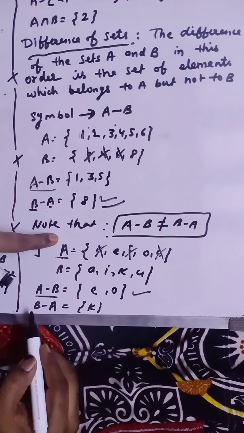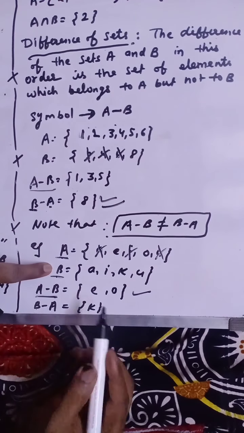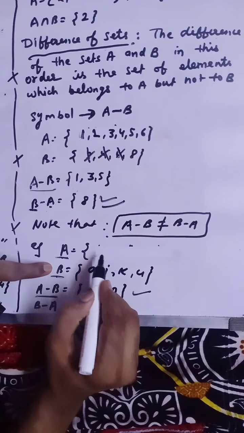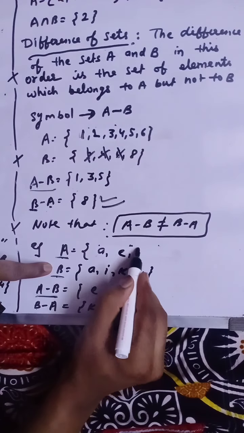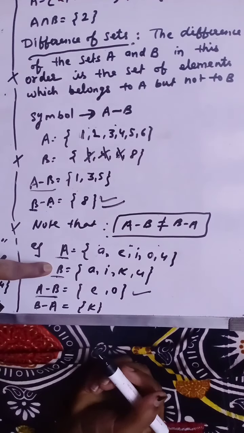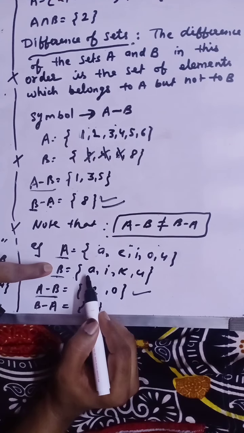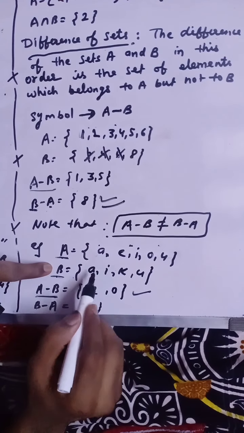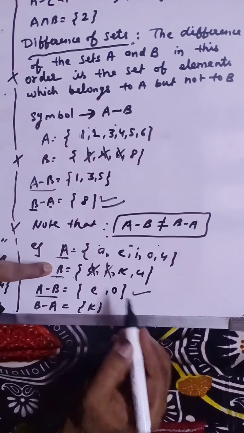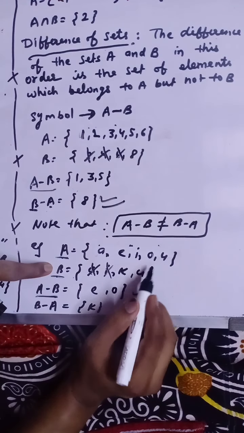If you have to find out B minus A, you have to mark B first because we are subtracting from B. I'm writing the elements of A again: a, e, i, o, u. Now we have to find out B minus A. So first we have to see B. a is there, a is also there in A, so you have to cut it. i is there, i is also there, you have to cut it. k is there, but k is not there in A, so you have to leave it. u is there, u is there, so you have to cut it.